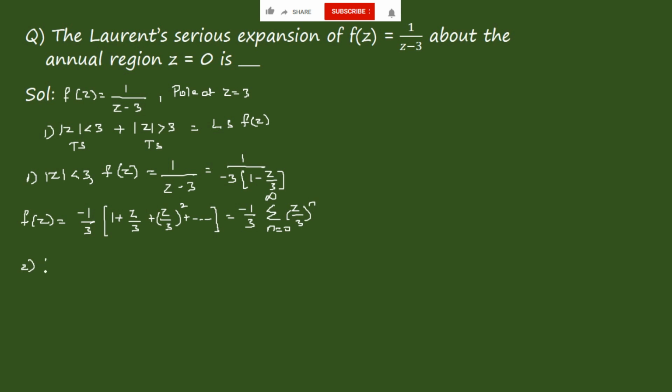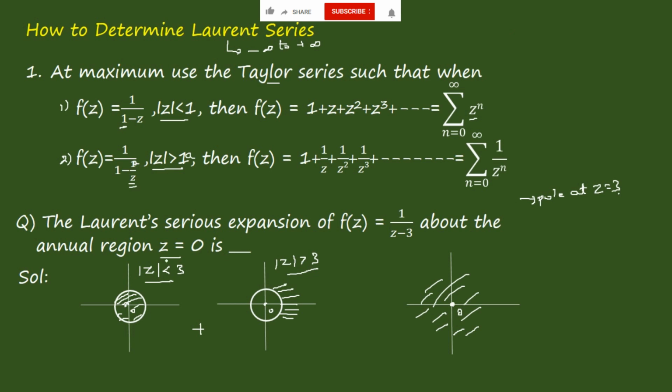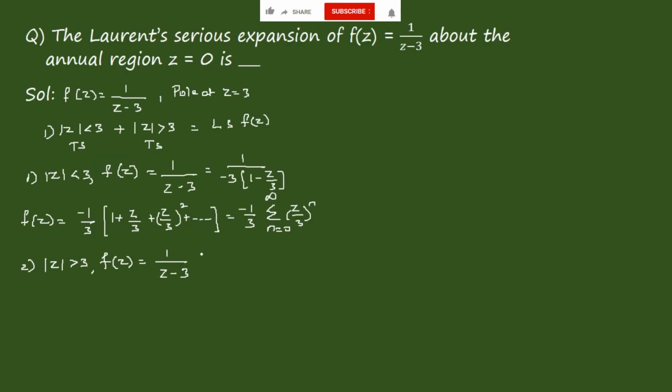It is given as mod z greater than 3, and the function is f of z equal to 1 by z minus 3. But you have seen just now that for the second one it should be in the form of 1 by z. So we have to convert this function by taking z common, which gives 1 by z into 1 minus 3 by z.